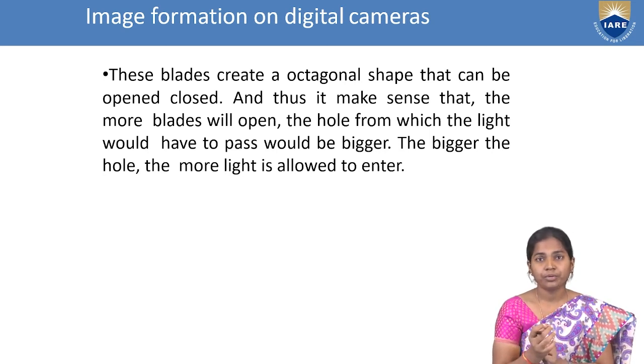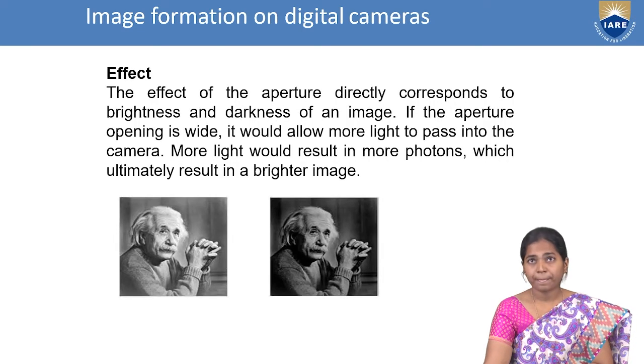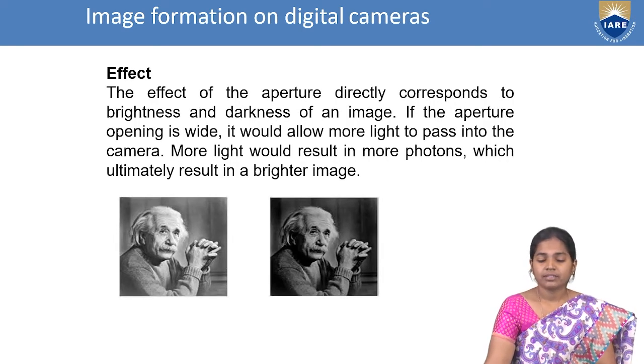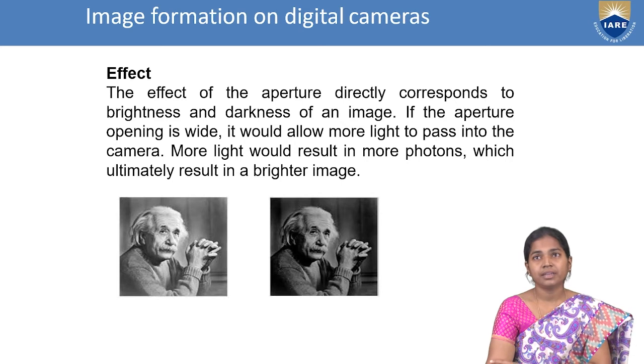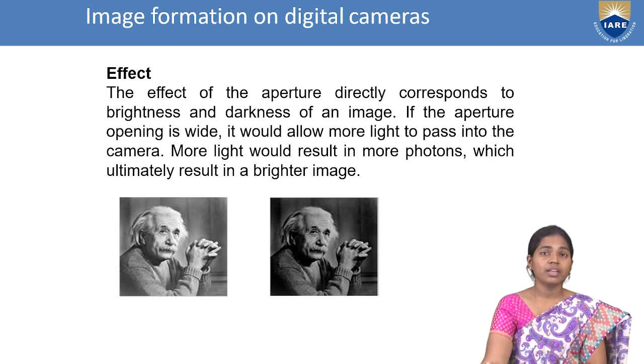The more light allowed to enter means the sensor senses the maximum photons and gives the maximum output. The effect of the aperture directly corresponds to the brightness and darkness of an image.